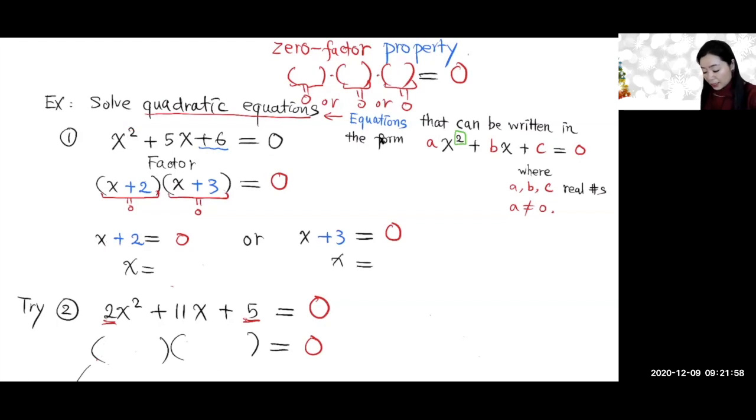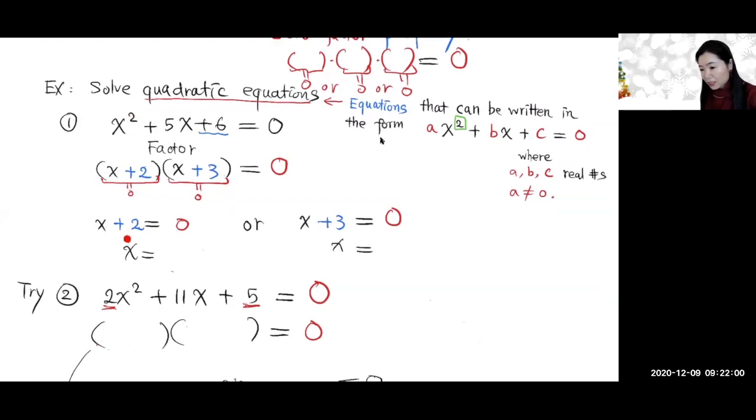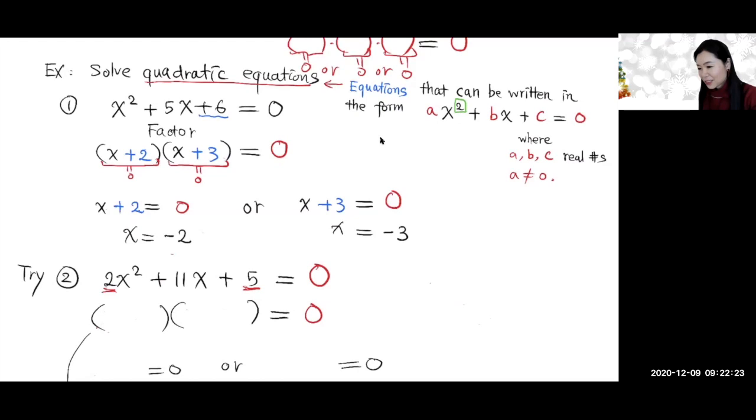Now after that, you can solve these two equations separately, right? So now we can just subtract 2 on both sides. So x equals -2. And over here, if you solve for x, x is equal to -3, right? So you have two solutions.